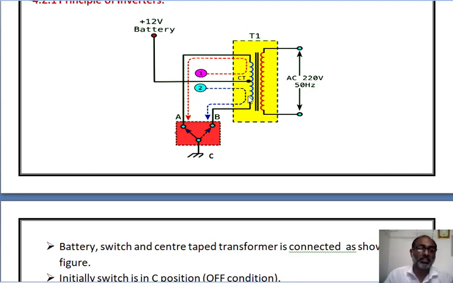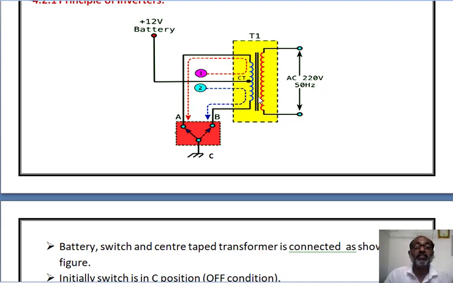So due to this, flux is produced in the core, but here the direction of the magnetic flux produced in the core is reversed. Here you can see it flows in this direction. In this case the current passing through this winding is different.